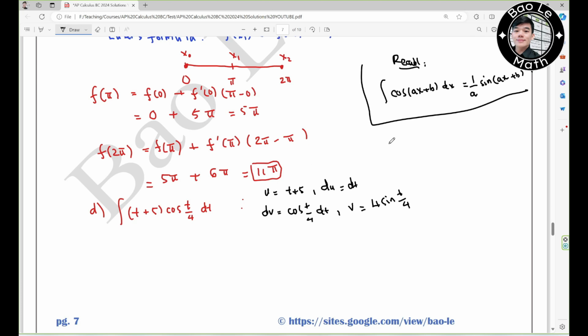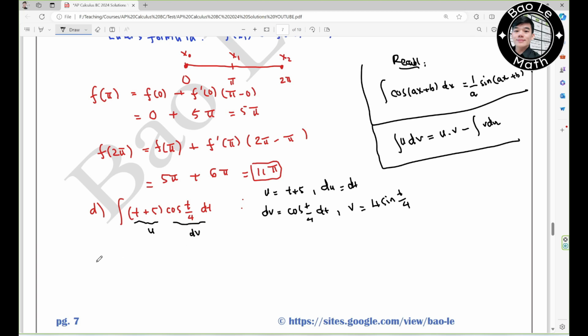So the formula for the integral by parts is going to be the integral of u dv equals u times v minus the integral of v du. Alright, so we set this guy u, this guy dv.